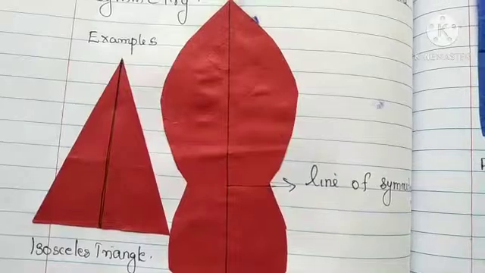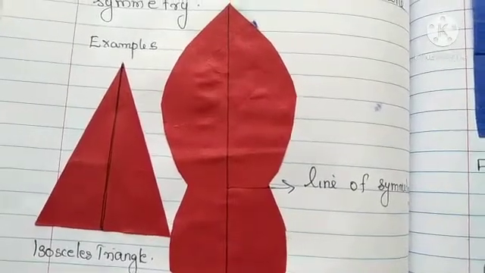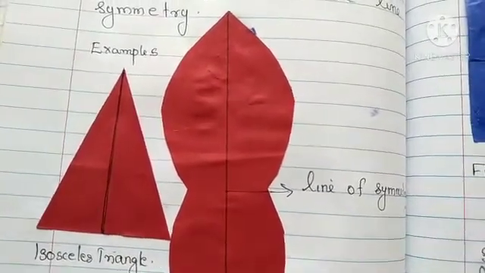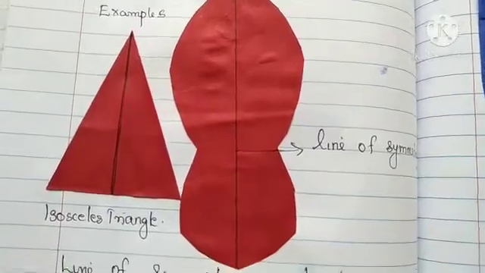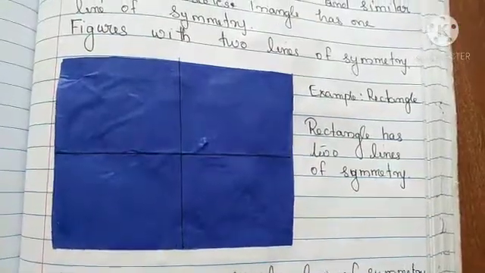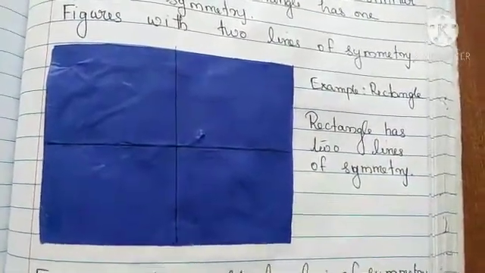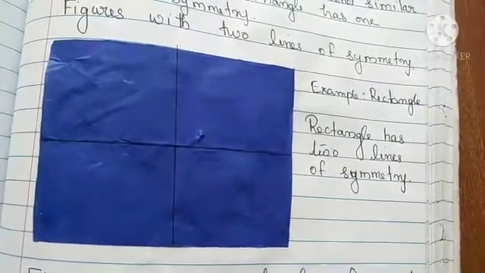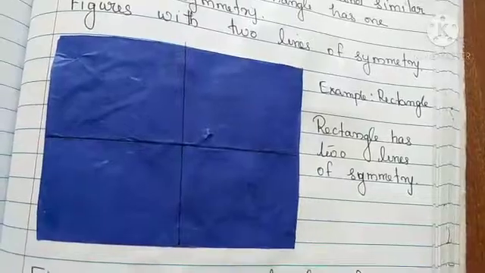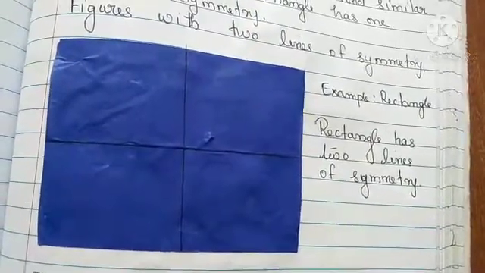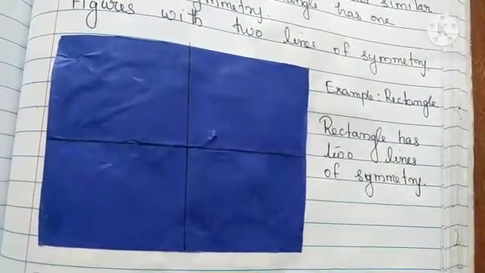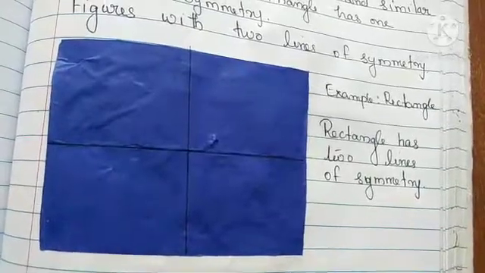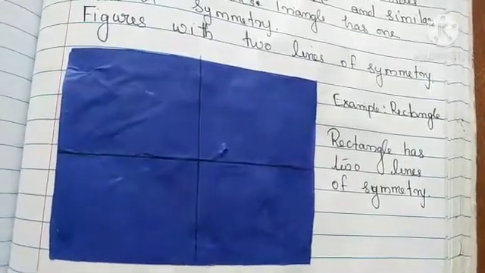Okay, so we can check how many lines of symmetry for some figures. Here you can see a rectangle. These two lines divide the rectangle into two equal halves. So the rectangle has two lines of symmetry.